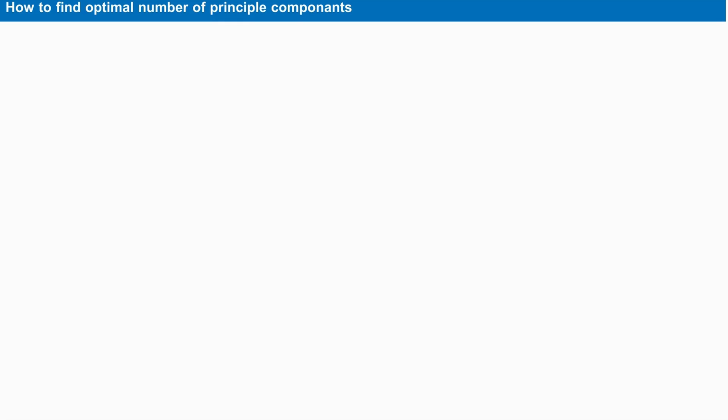The most popular method is: first we need to find the mean projection square error, and then the variation in the data.